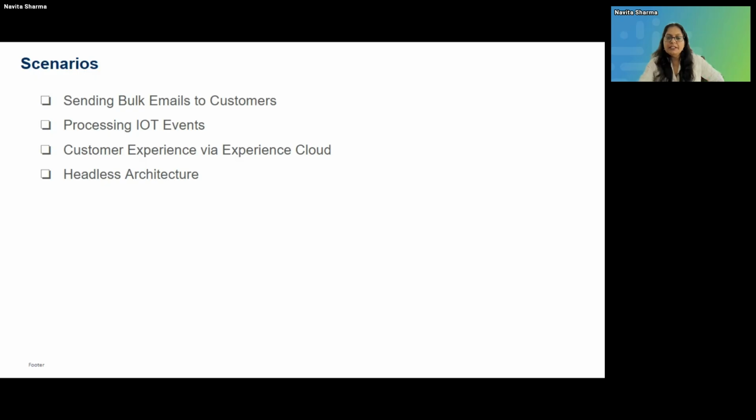Then we have customer experience via Experience Cloud. So this is again a very common example. If we design an Experience Cloud site in Salesforce, we must know that it comes with a lot of limits. It is giving limited page views in a year.